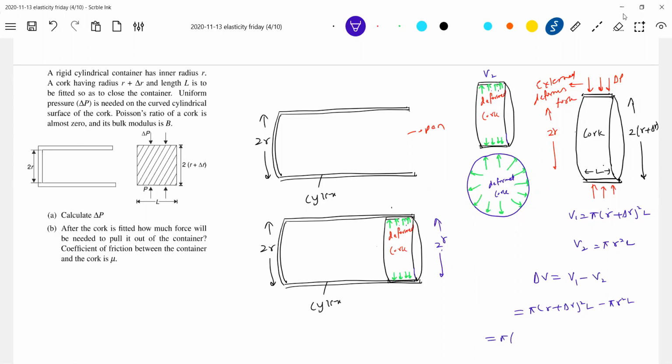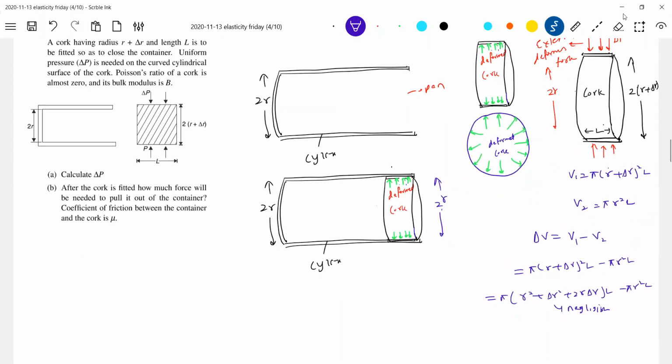Okay, let's go for the calculation. Delta r squared will be negligible. Delta r is very small, so delta r squared will be still smaller. So what will the change in volume become? 2 pi r L delta r. Okay, this will be the change in volume.